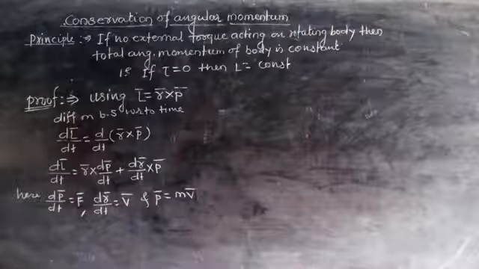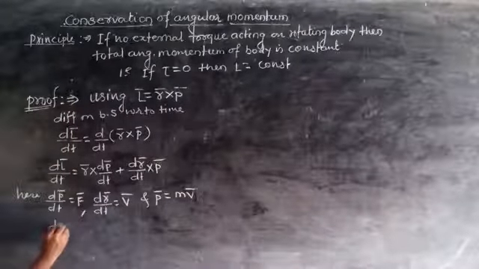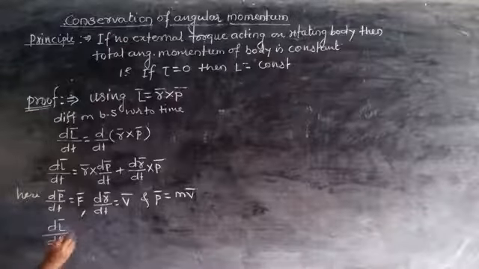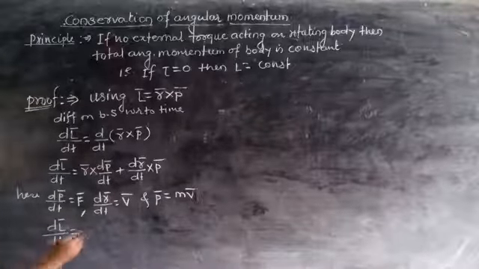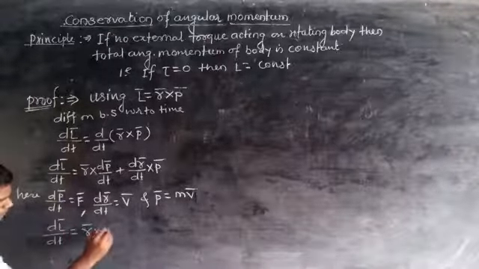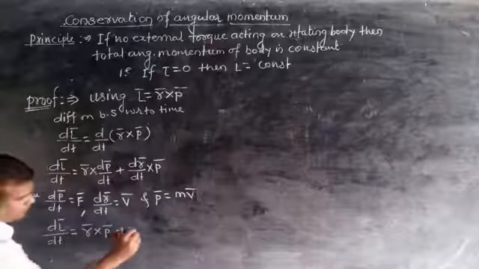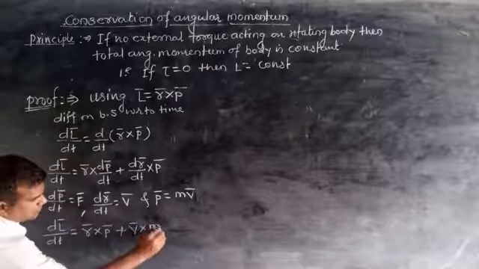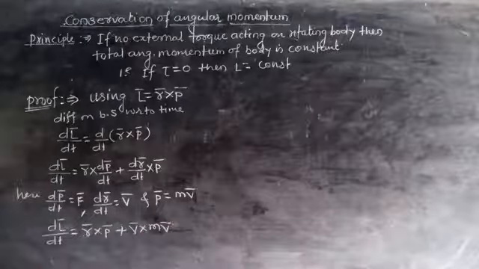So put all these values here, and therefore dL bar by dt is equal to r bar cross F bar plus v bar cross m v bar.